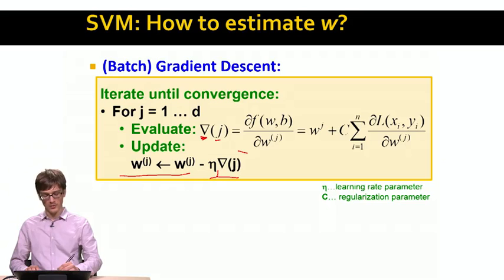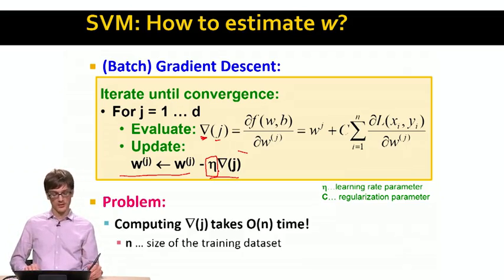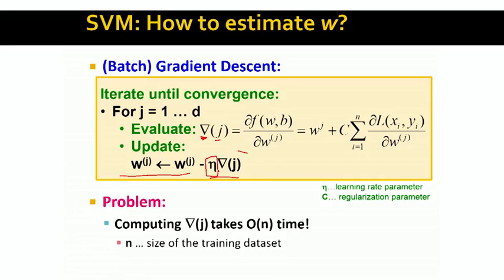One thing that we have to keep in mind is that we have this parameter eta, which is called the learning rate parameter, which basically tells us how big a step we are going to make. Basically, when we compute the gradient, how much are we going to move in the direction that is the opposite of the gradient.